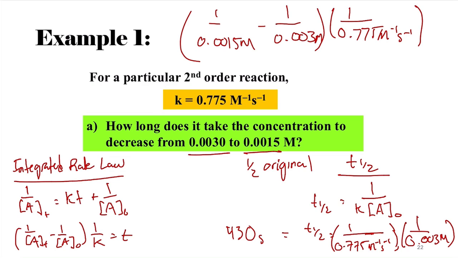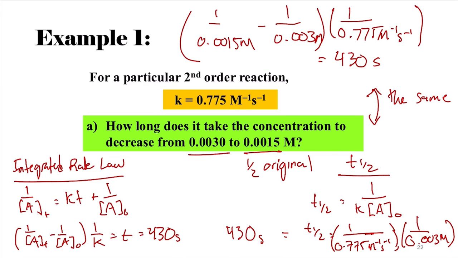And I get the same answer both ways for 430 seconds. Okay, so it works both ways. You can do it either way, you get full credit. This is just going to be a lot simpler, and also, you know, it's more of a realization you come to here. 430 seconds. These are the same.